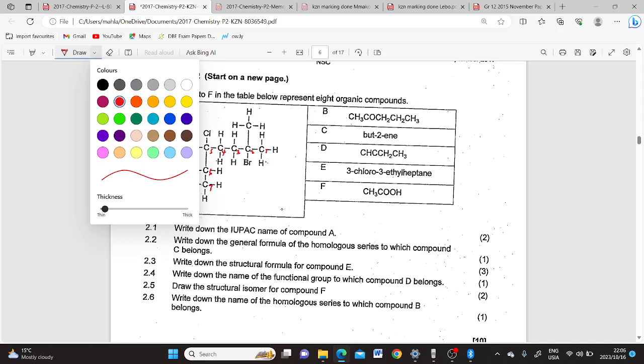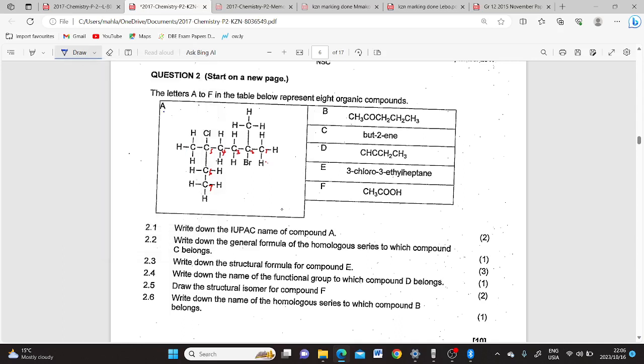Or another one, we can have 1 this side, 1, 2, 3, 4, 5, 6, 7. Then from there we check the number of substituents or the branches, and then we start to count from where there is less.